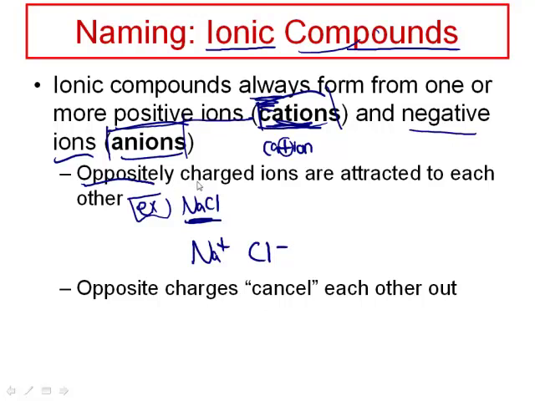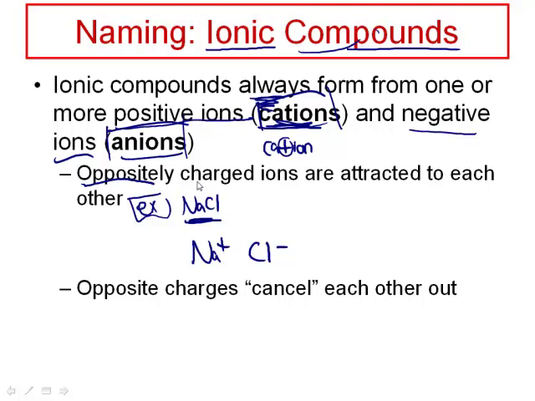The reason that whole thing forms is just the attraction between oppositely charged ions. And you may ask me when we get back to school, Mr. Harper, why is it that these ions are attracted to each other? And the reason is just because they are. The question of why positive and negative things attract each other is actually one of the great mysteries of science.